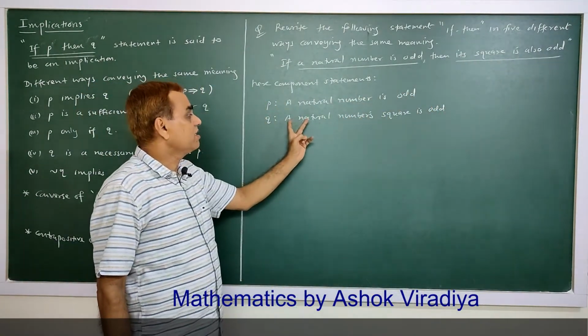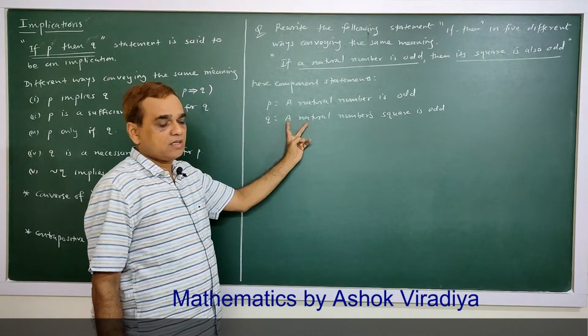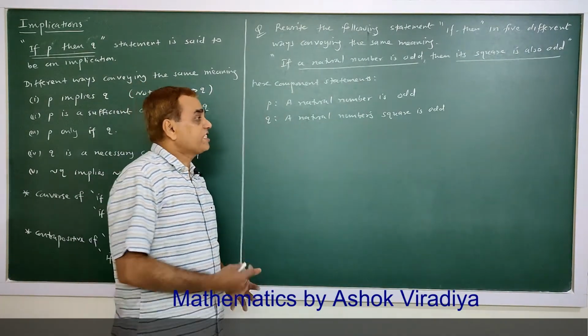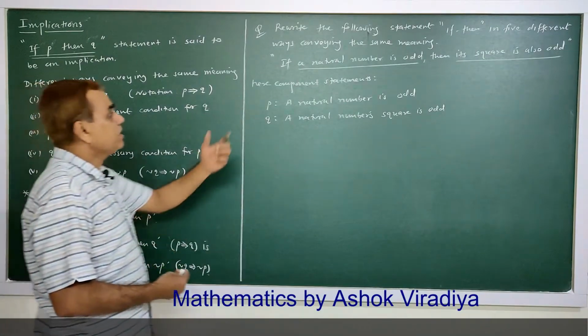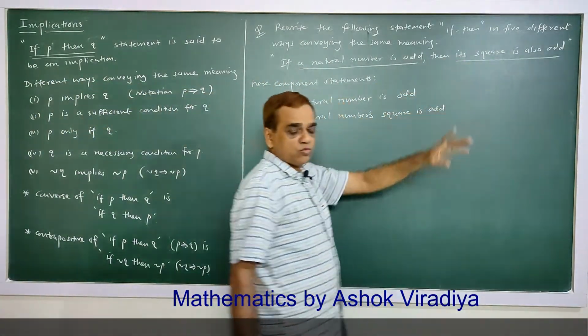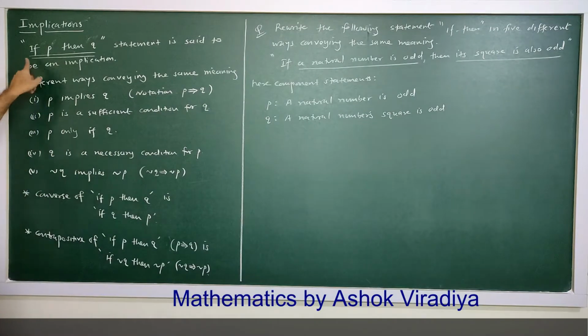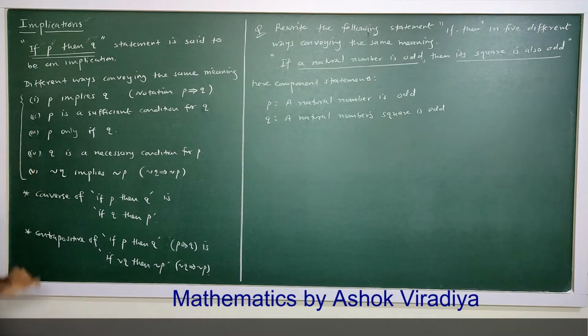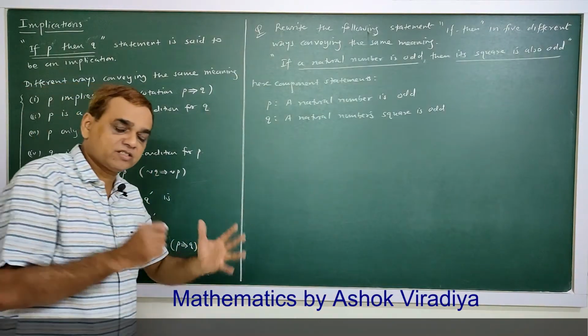We can't use "it's" here: a natural number square is odd. So these are the component statements. If P then Q, so it is an implication. Now the same statement can be conveyed in 5 different ways, with its meaning remaining unchanged.